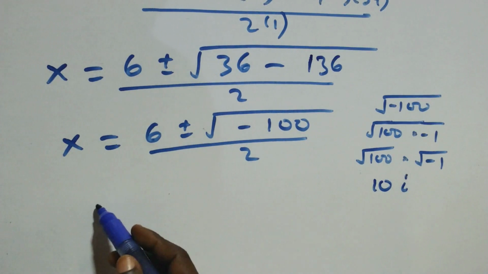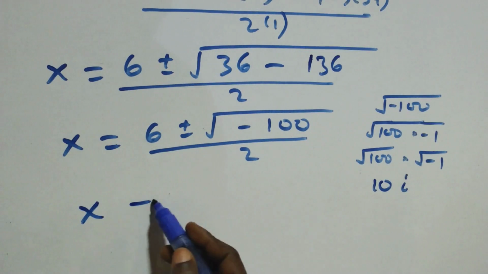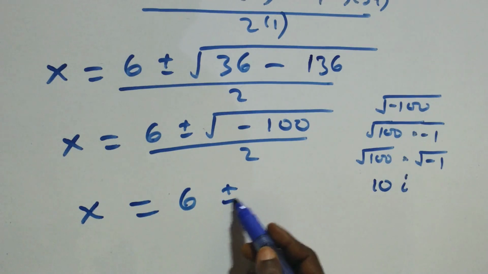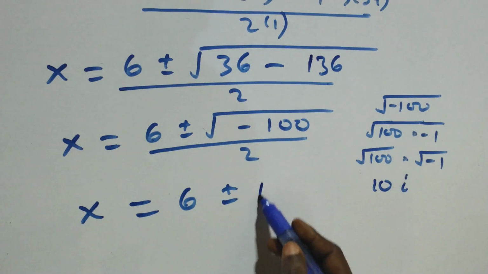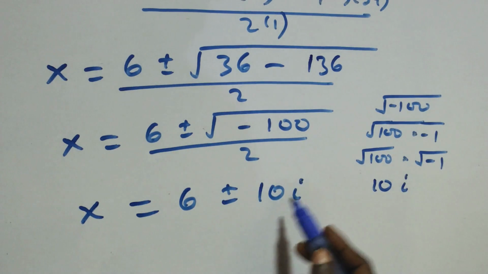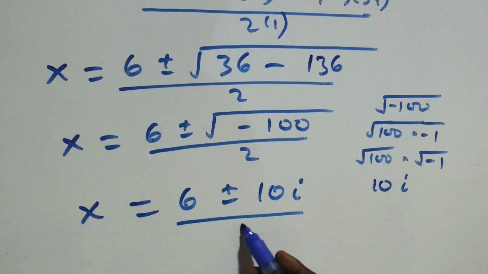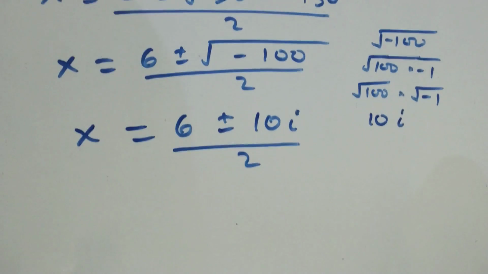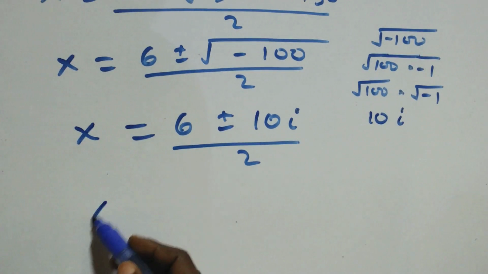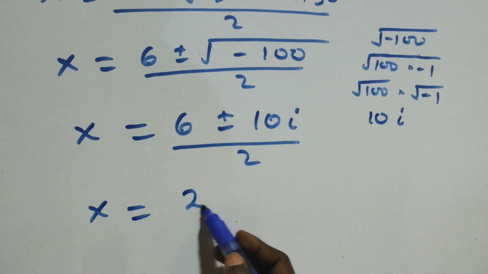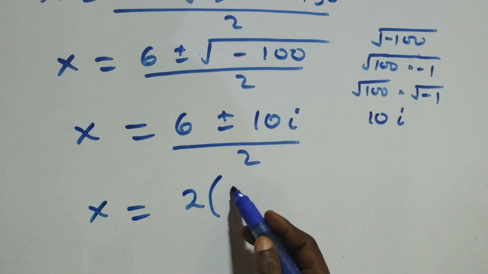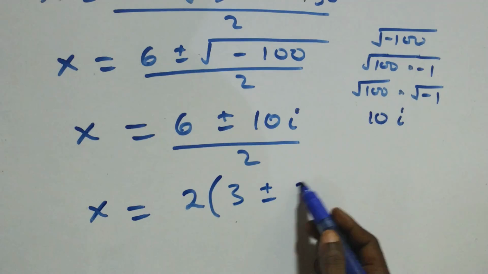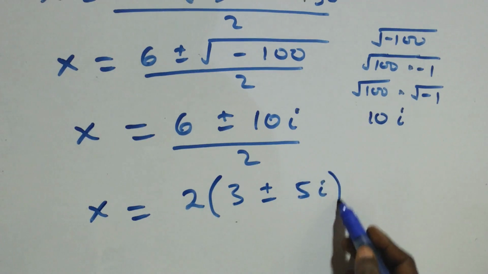So it implies here we can say we have x equals to 6 plus or minus 10i now, 10i all over 2. That is here, 2 is common, and we say we have x equals to 2 into brackets (3 plus or minus 5i), then all over 2.